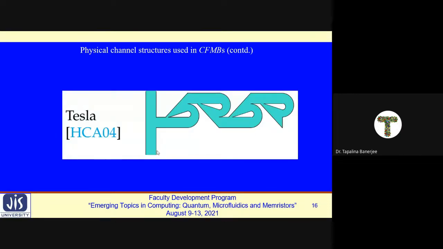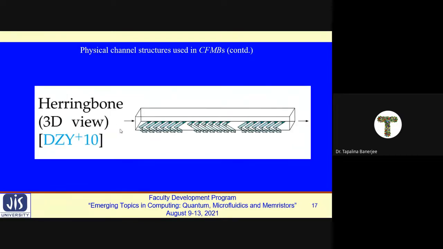Now, mixing based on chaotic advection can be achieved using this type of structure. This is known as the Tesla structure. Homogeneous mixing of fluids can often be accomplished in flow-based biochips by alternating chaotic splitting and recombinations. A mixer can be designed by combining the effect of what?